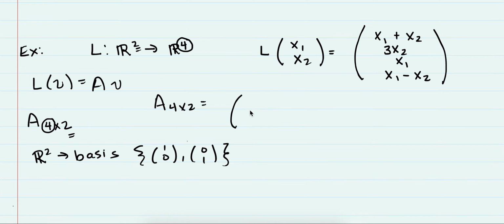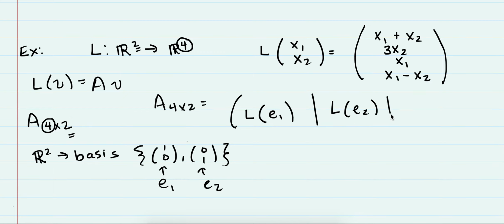Okay, so this is E1 and this is E2. I'm going to take E1 and plug it into L. And then I'm going to take E2 and plug that into L. So let's do it.